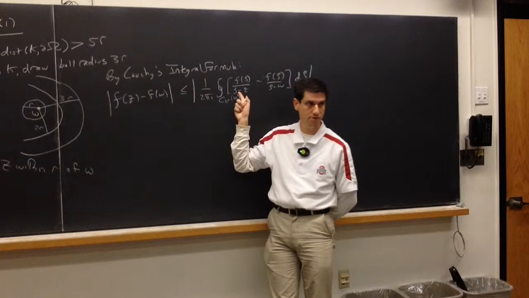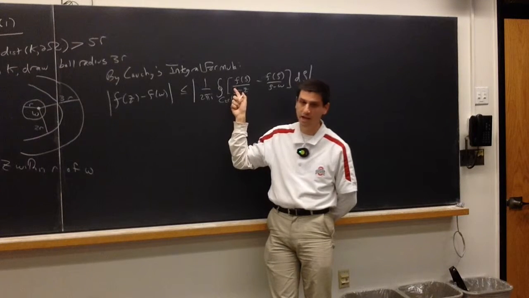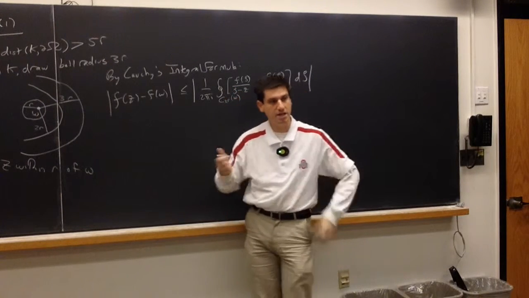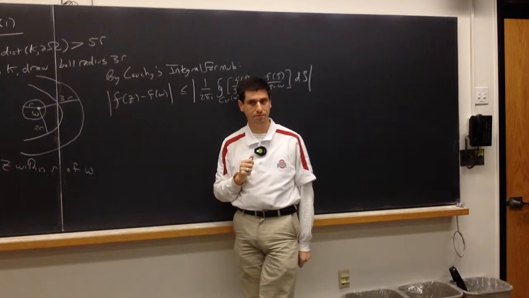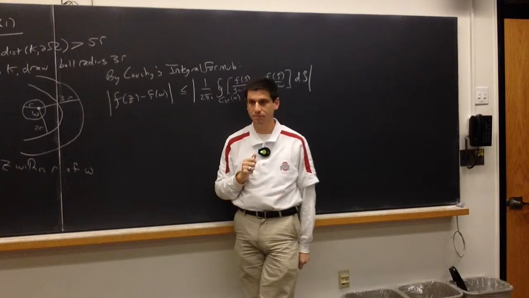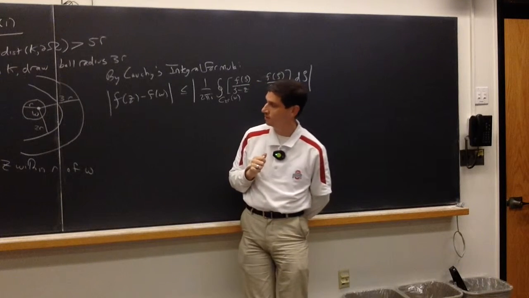So I would say that this is not K, this is maybe K prime. It's K expanded a little bit because we are allowed to go a little bit beyond. So just to clarify, yes, K is contained in omega.